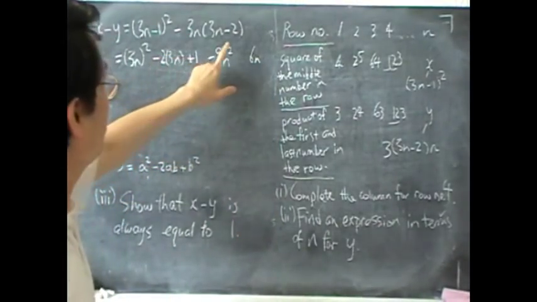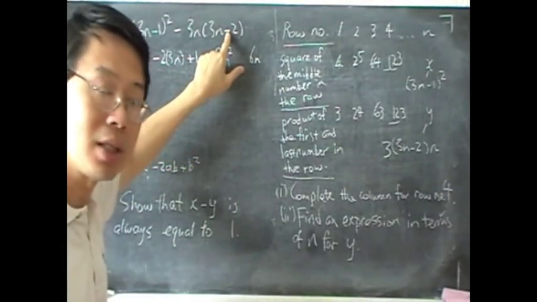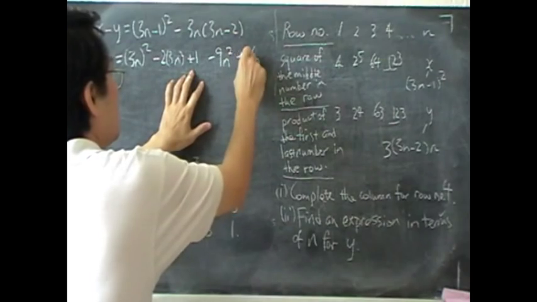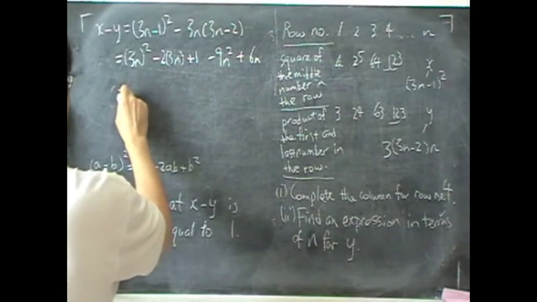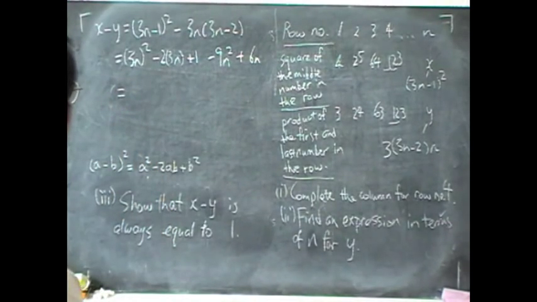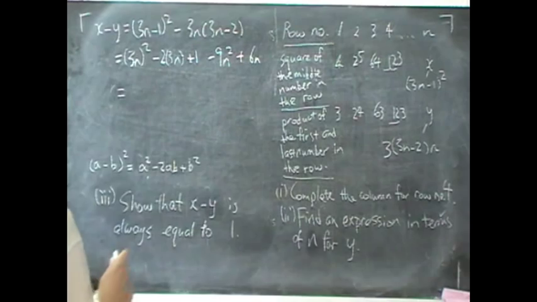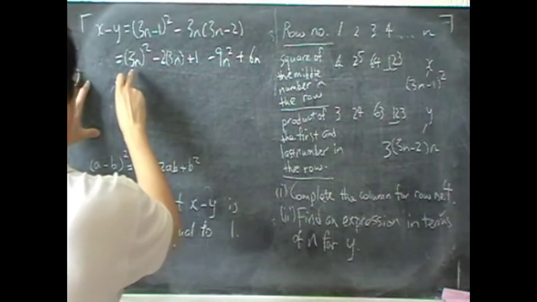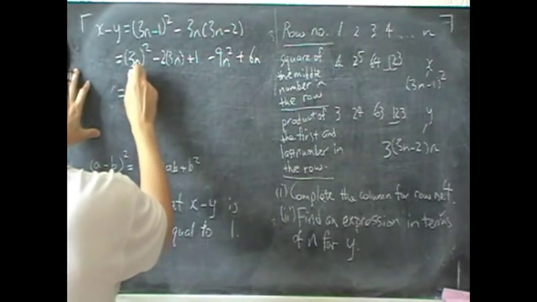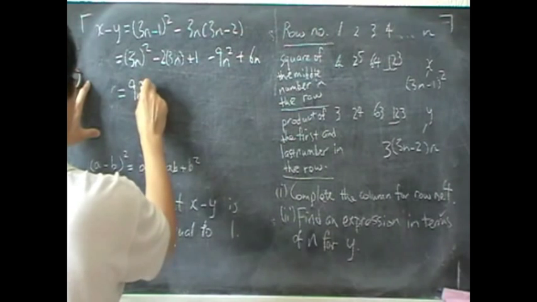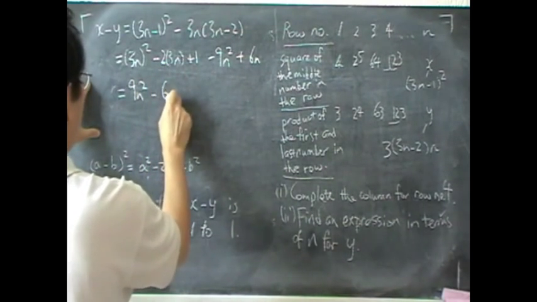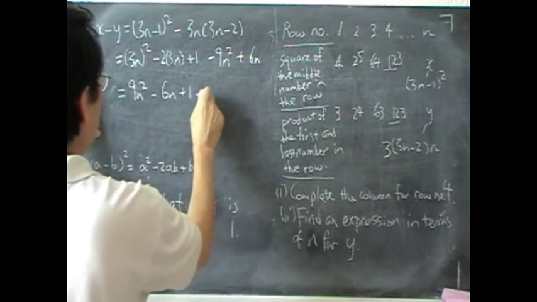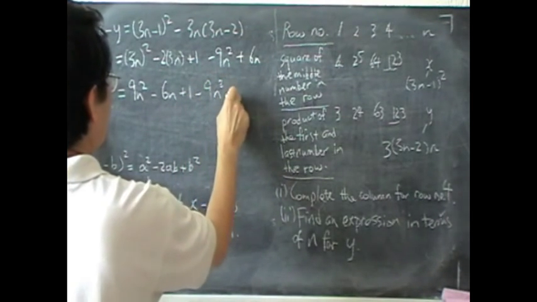And the minus sign must change the minus sign to a plus. Next step, I must simplify each term. 3n squared is 9n squared, minus 2 times 3n is 6n, plus 1, minus 9n squared plus 6n.